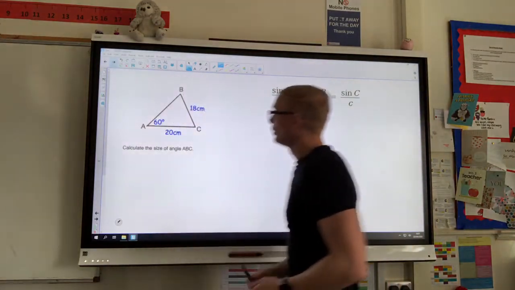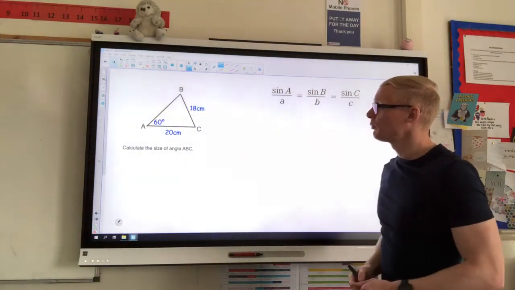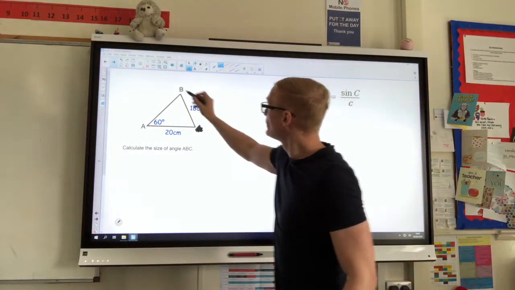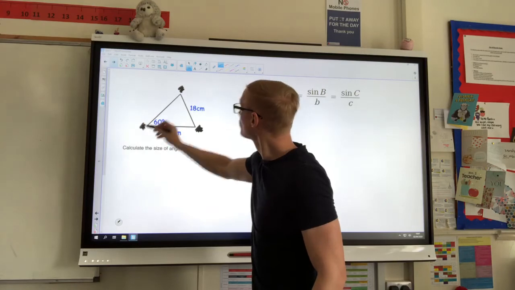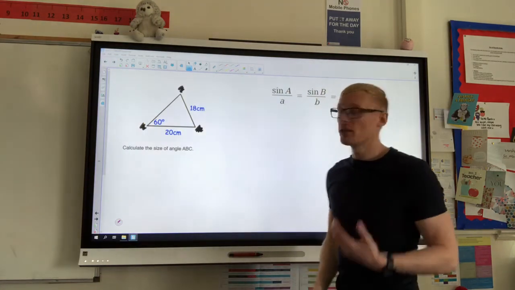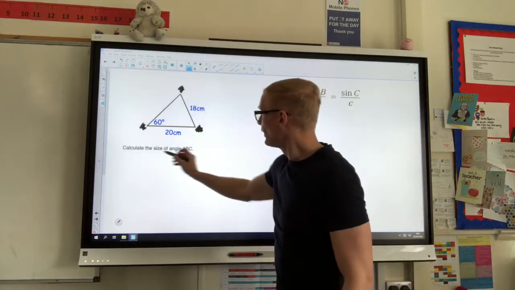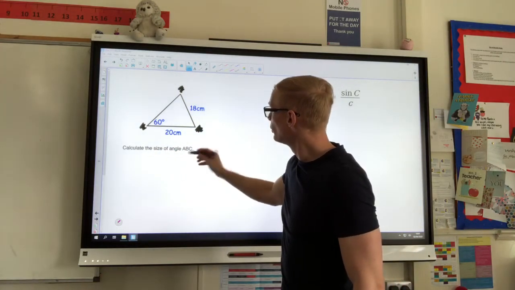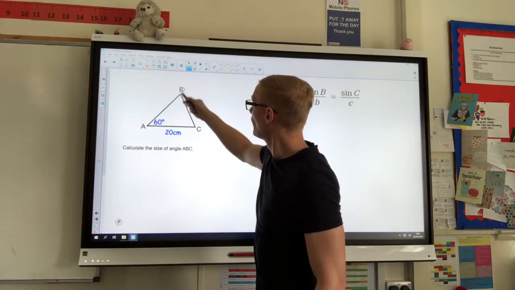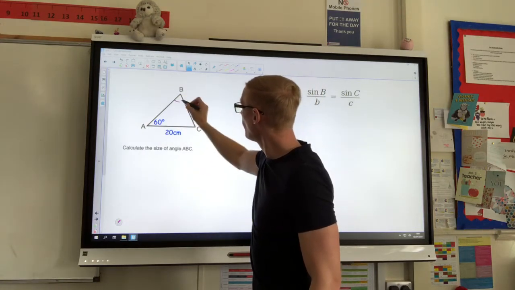So going back to this example, same as always, get rid of the labels that might already be there, and we'll label it ourselves. So we're looking at opposites, remember? The angle ABC is the one I'm looking for. So actually, before I do that, I need to know which angle I'm looking for, ABC, that one.